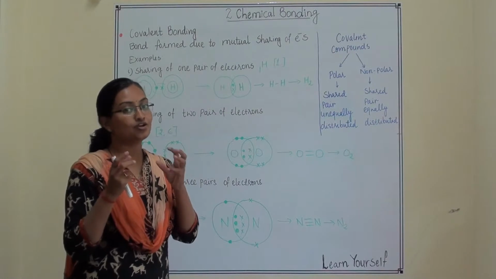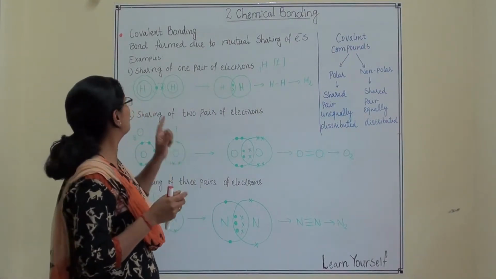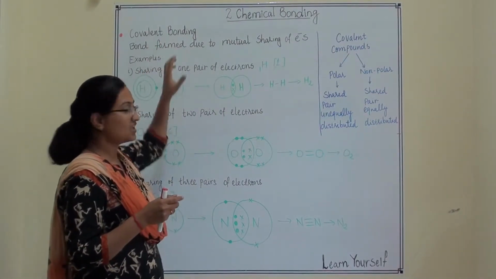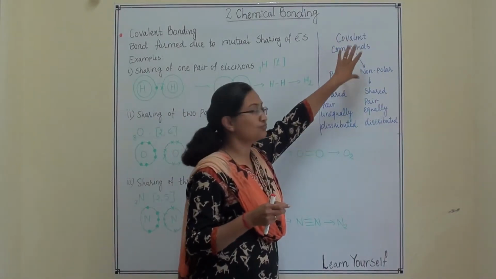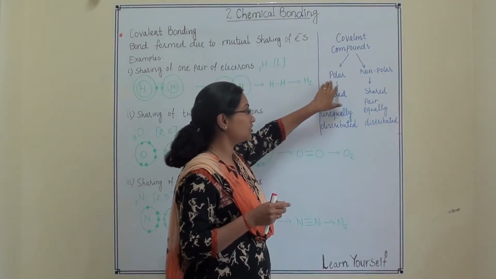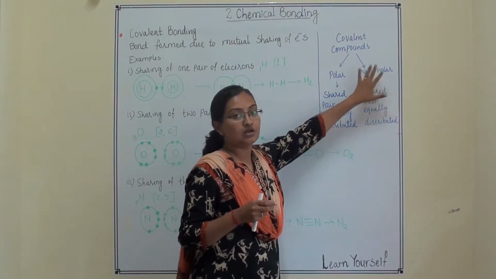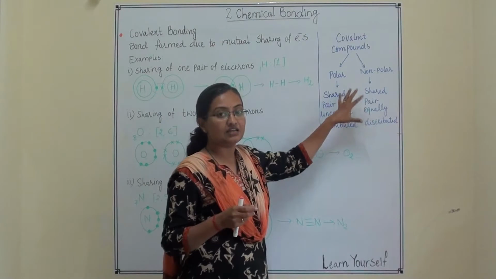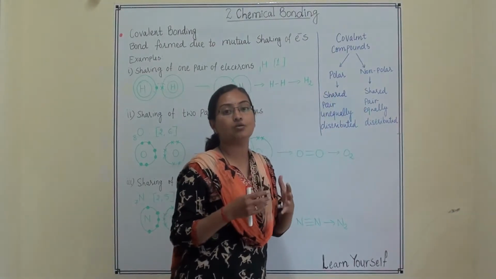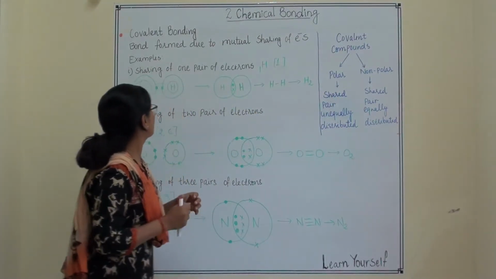This kind of mutual sharing is known as covalent bonding. Basically there are two types of covalent compounds: polar covalent compounds and non-polar covalent compounds. But we will see this in detail once we have a basic idea about covalent compounds.